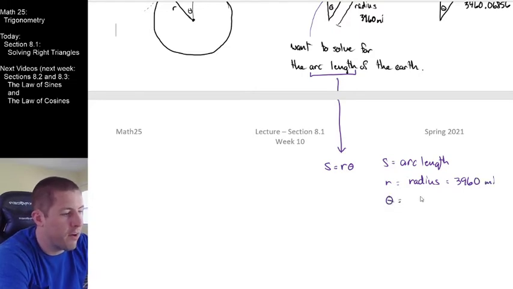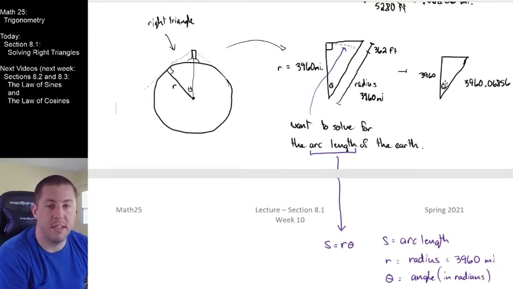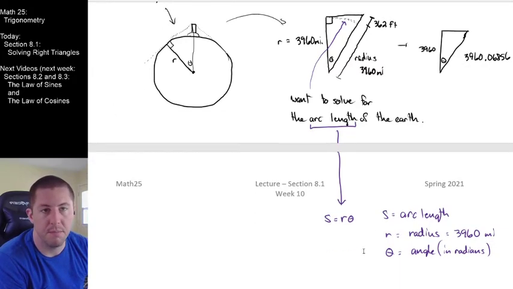And theta, very importantly, is the angle in radians. So it seems like if we can just find what this theta is going to be, then we know all the information that we need to make an arc length computation right here.